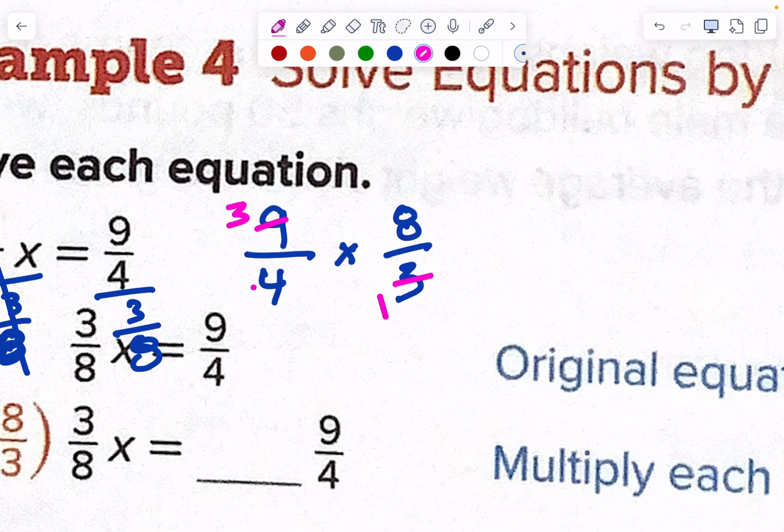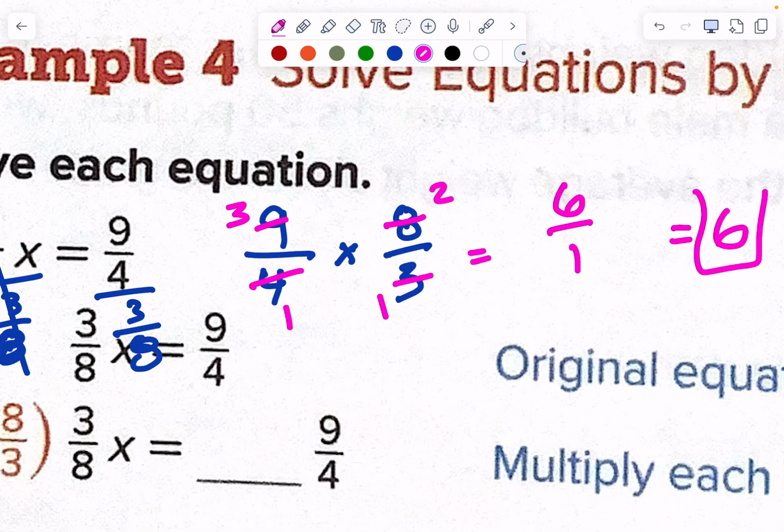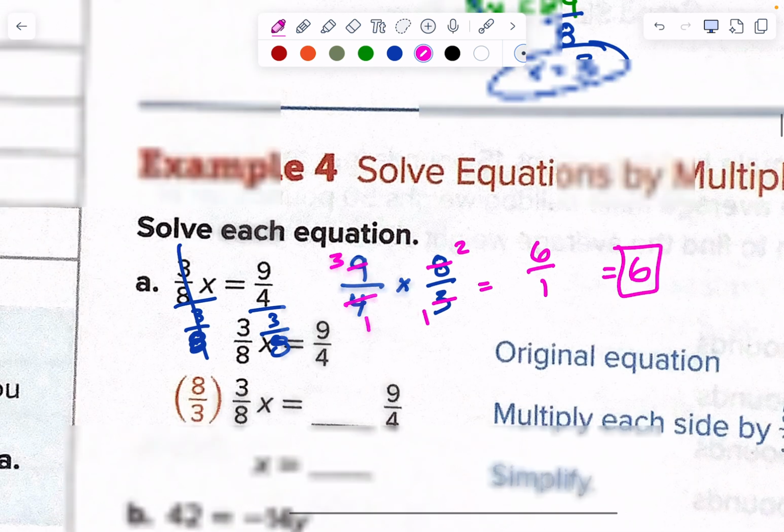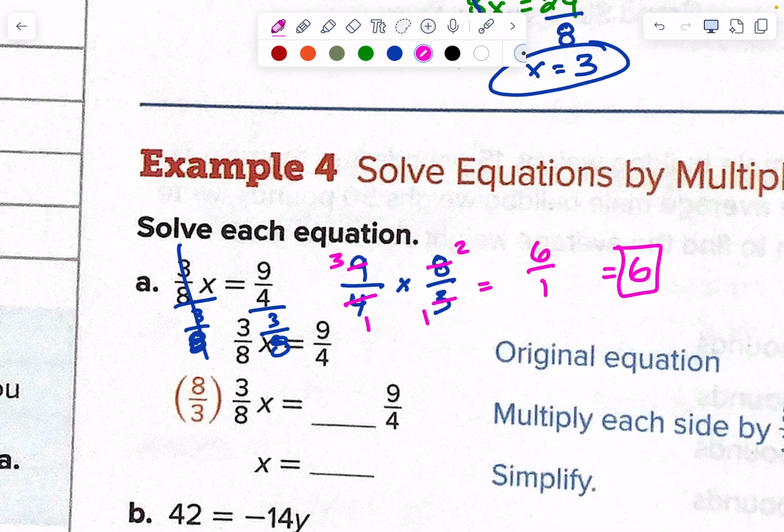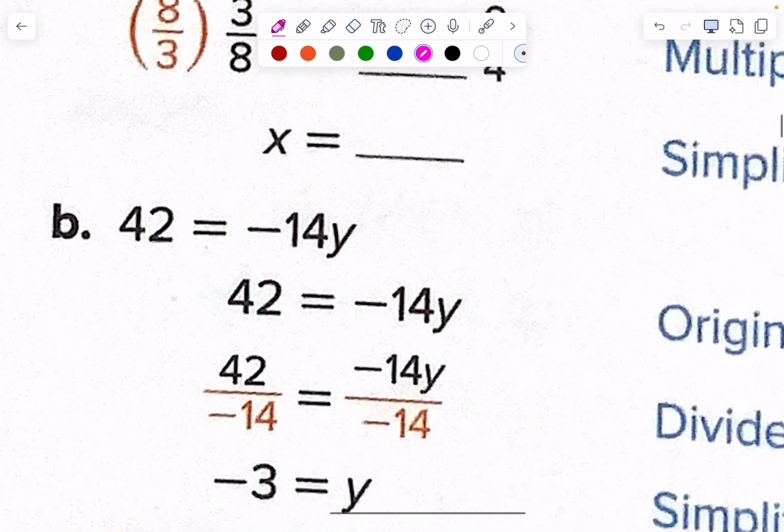What about 4 and 8? 1 and 2, right? So now I multiply across. So this is 6/1 or just 6, okay? So when you are dividing by a fraction, you multiply by the reciprocal, right? You keep, flip, flip. Do we know that? Yes? Okay. Let's do the next one.